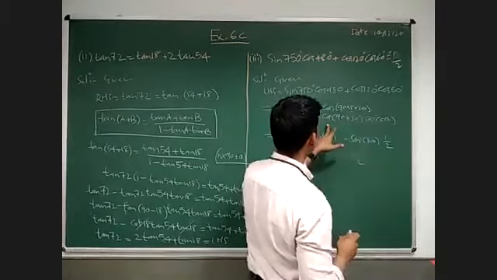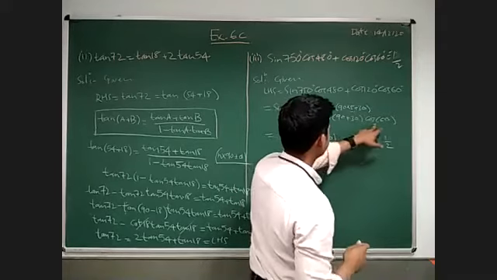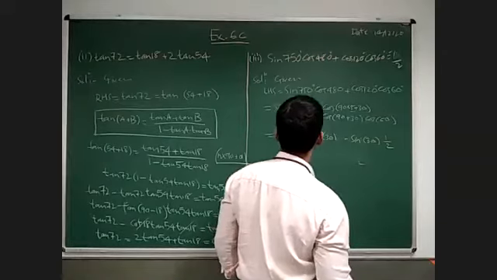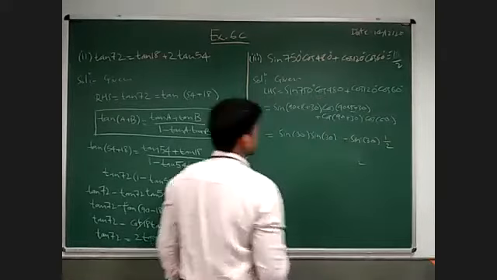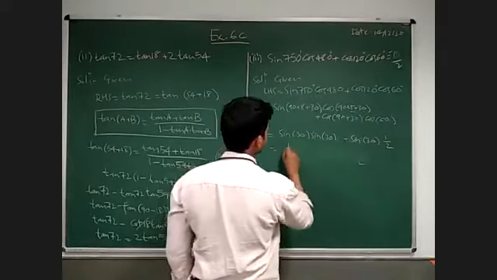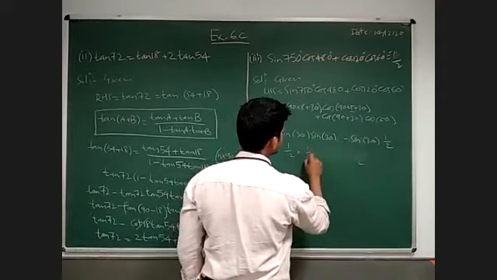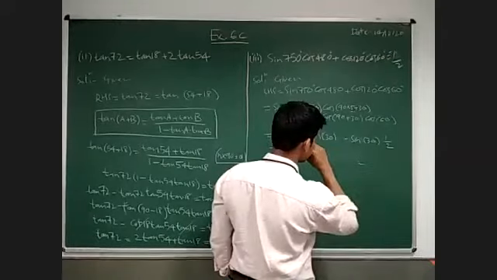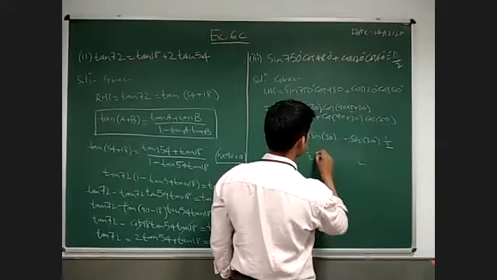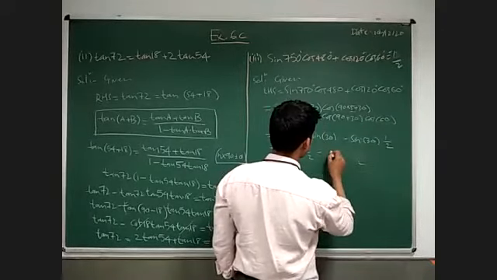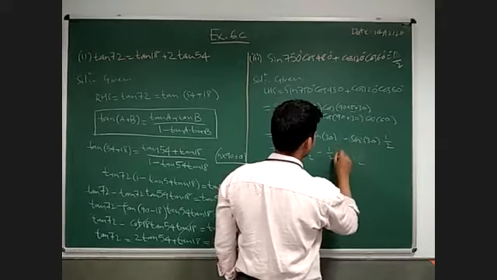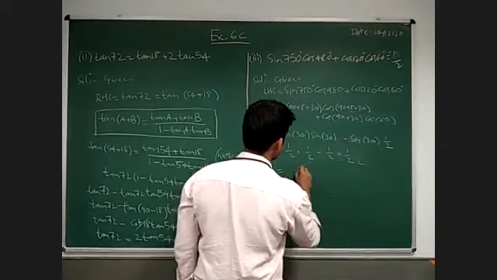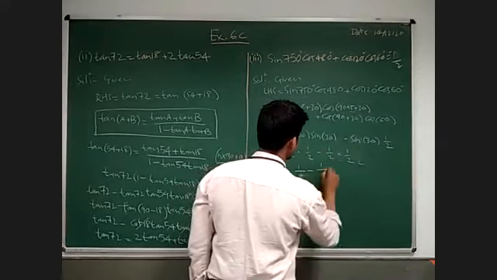And cos 30. Okay. So here this will be 1 by 2 and here this will be 1 by 2, minus 1 by 2 into 1 by 2, and here see 1 by 4 minus 1 by 4.